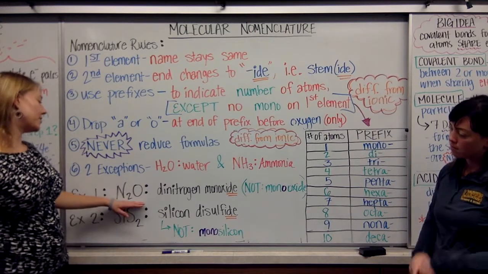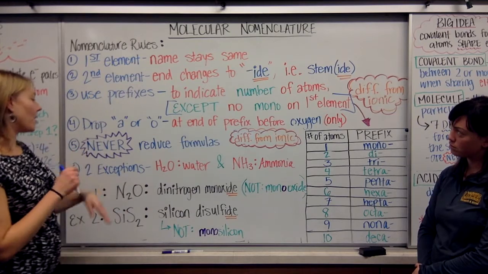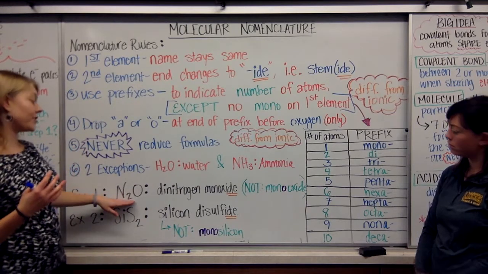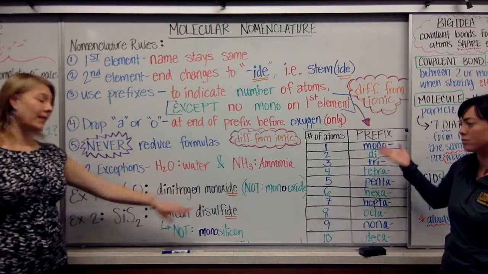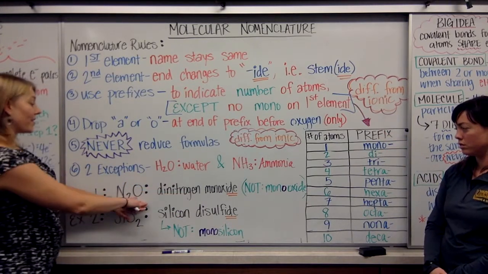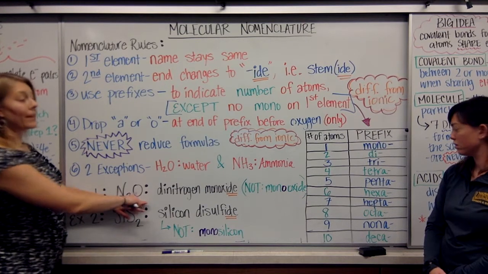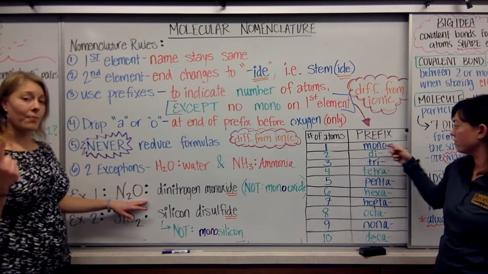All right, so for N2O, we see that N is nitrogen, all right? So we keep the name the same. We're going to add the prefix for this 2. So prefix for 2 is di. So this is dinitrogen. The second element, remember, we're going to drop the ending and add "ide." So this would be oxide. But how many oxygens do we have? Just 1. We have to add that prefix.